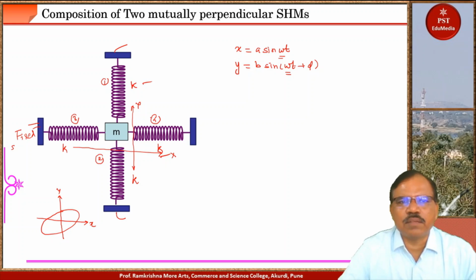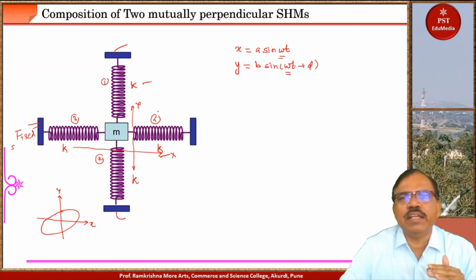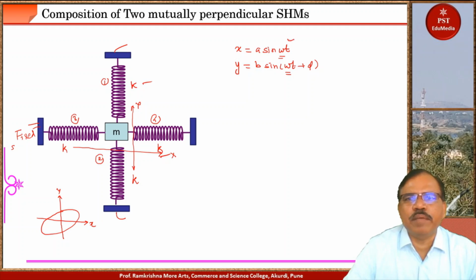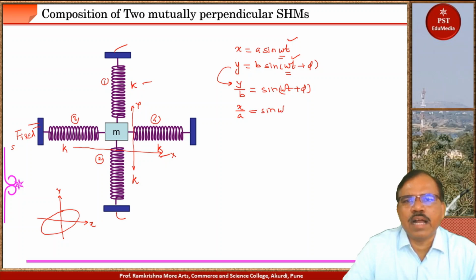Then what is the resultant path of the particle? Means the resultant path along which that mass will move. So that we can obtain by eliminating omega t from the two equations. So you can write here y by b is equal to sine (omega t plus phi), and x by a is equal to sine omega t.